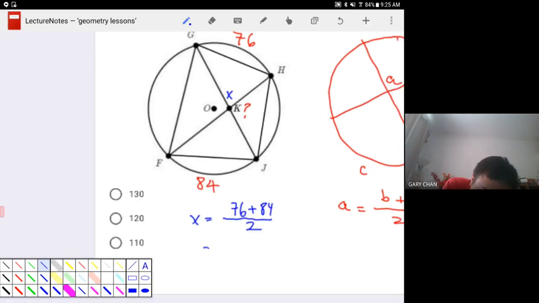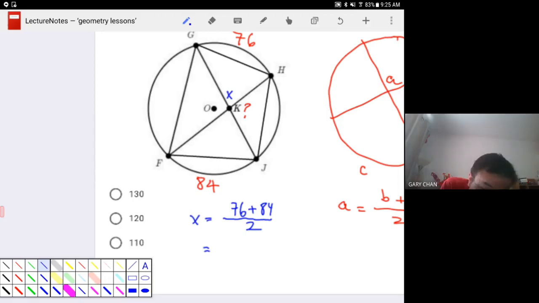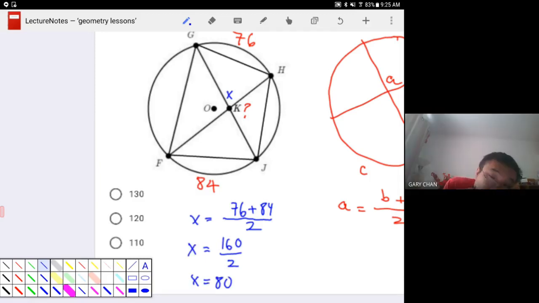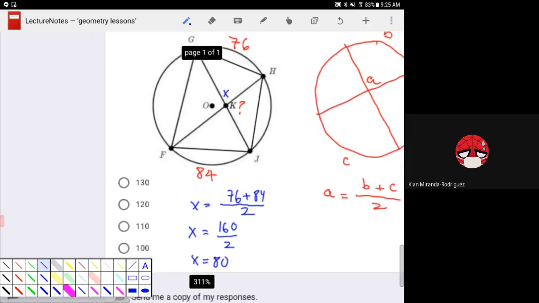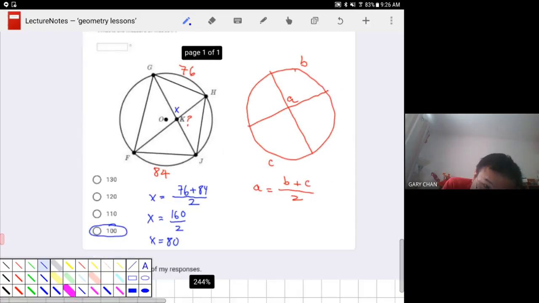If we add them up, what's 76 plus 84? 160, right? And what's 160 divided by 2? 80. So then we subtract 80 from 180, and we get 100. Yep, the answer is 100. That's right. So HKJ must be 100 degrees. There you go.